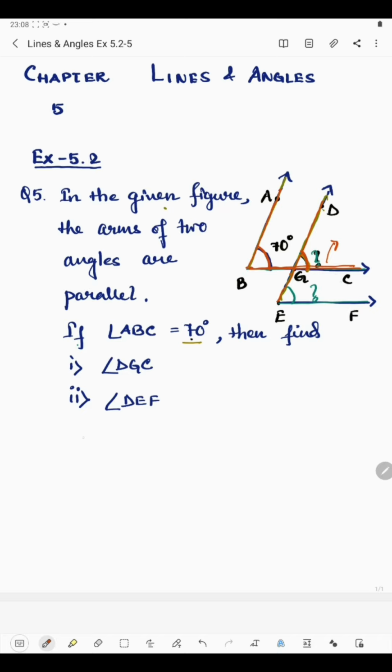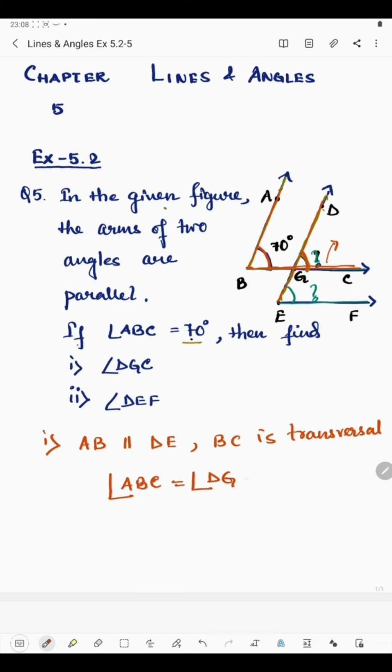So we'll write AB parallel to DE and BC is transversal. So here angle ABC will be equal to angle DGC, and here angle ABC is given which is 70 degrees.